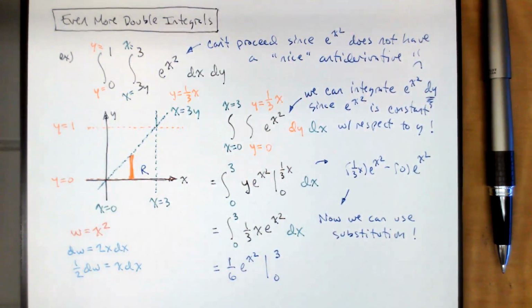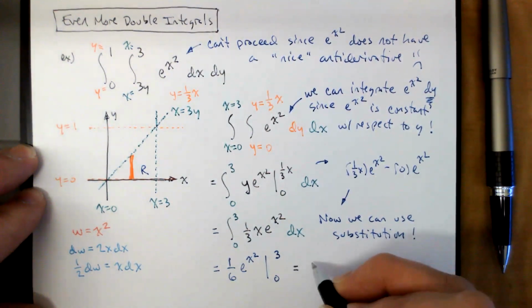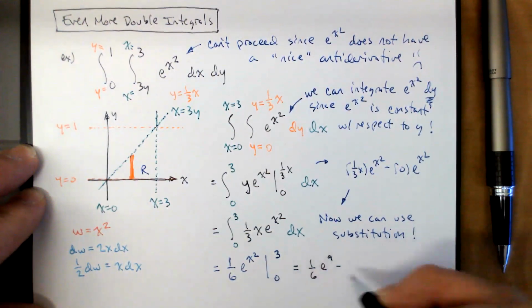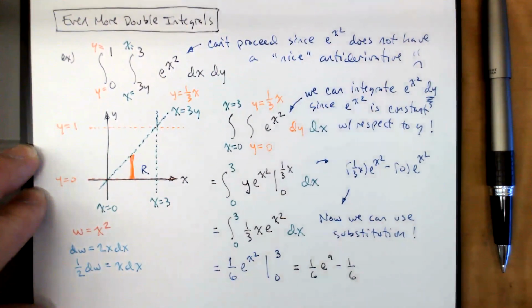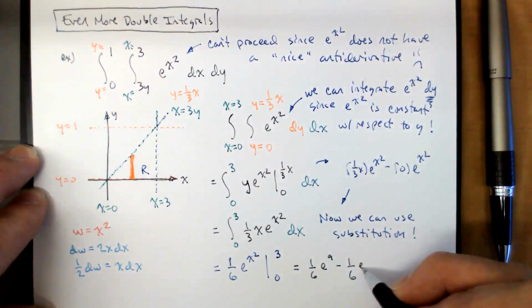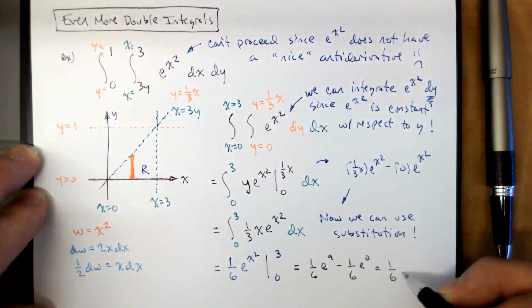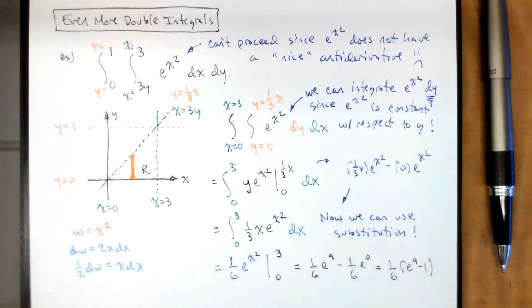Then we just plug in the 3 and plug in the 0, and we'll get 1/6 e to the 9th minus 1/6 e to the 0, which would be 1/6 of e to the 9th minus 1.